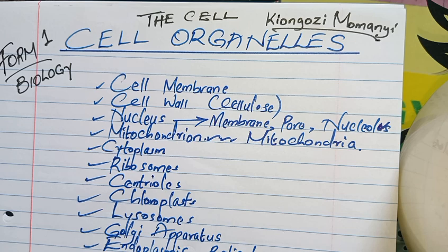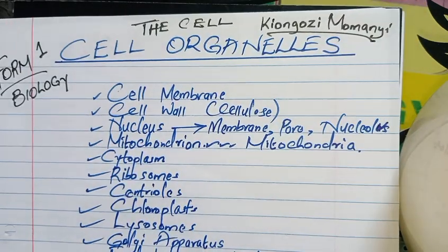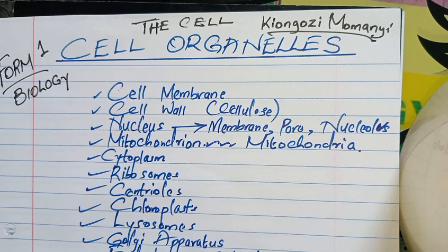From our previous lesson, I taught something on cell organelles, and these cell organelles that I talked about are organelles that are visible when you are using a light microscope to observe both plant and animal cells.